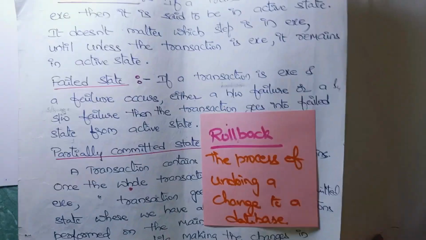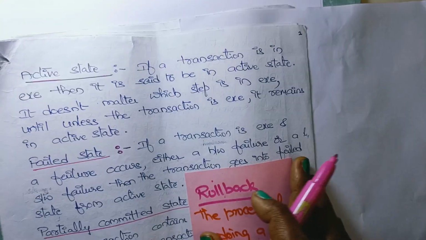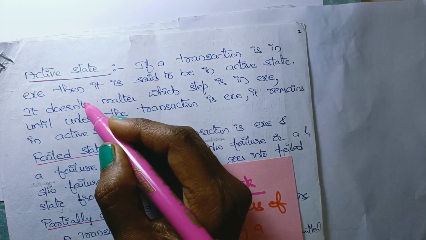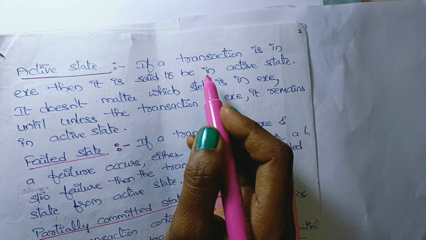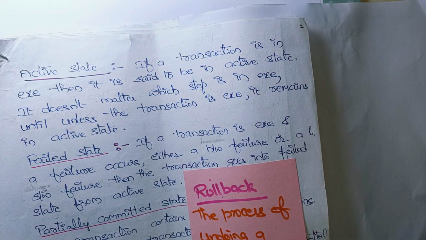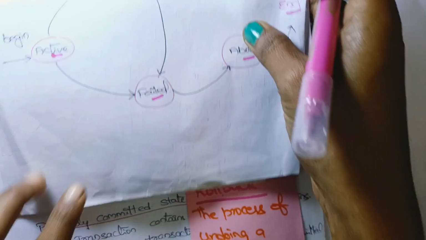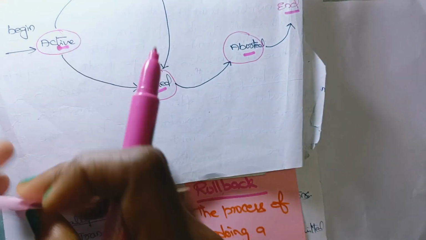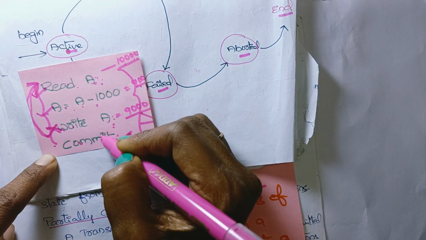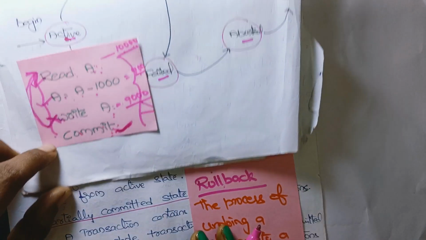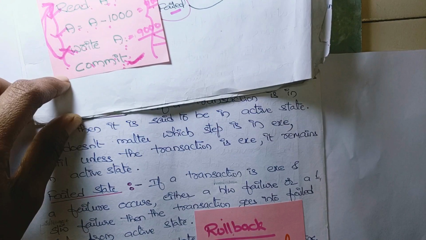Active state means if a transaction is in execution, then it is said to be in active state. Whenever this transaction is in execution, you can say that the transaction is in active state.